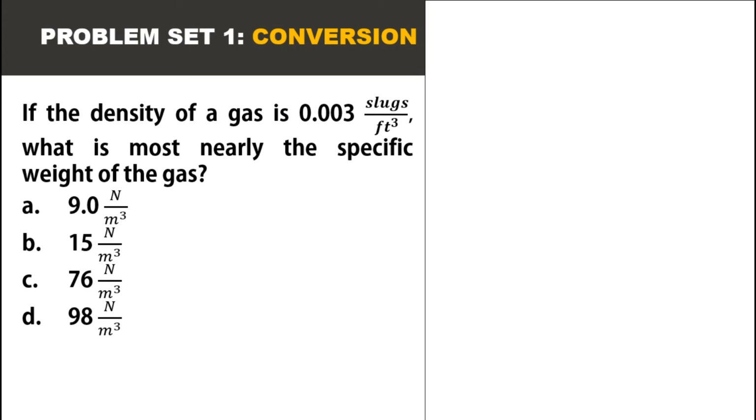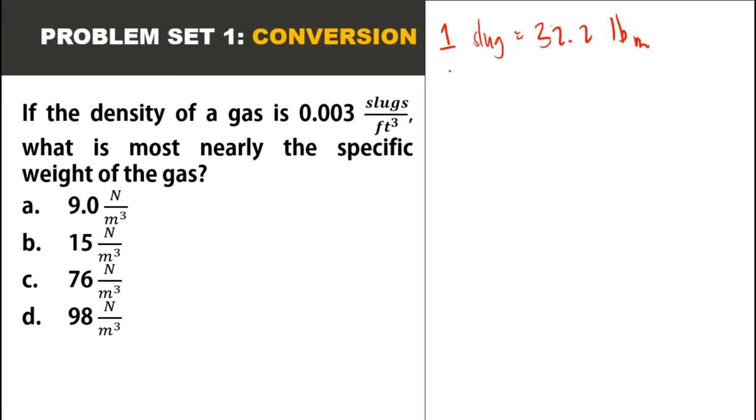If the density of a gas is 0.003 slugs per cubic feet, what is most nearly the specific weight of the gas? You have the conversion for slug. 1 slug is a unit of mass. 1 slug is 32.2 pound mass.